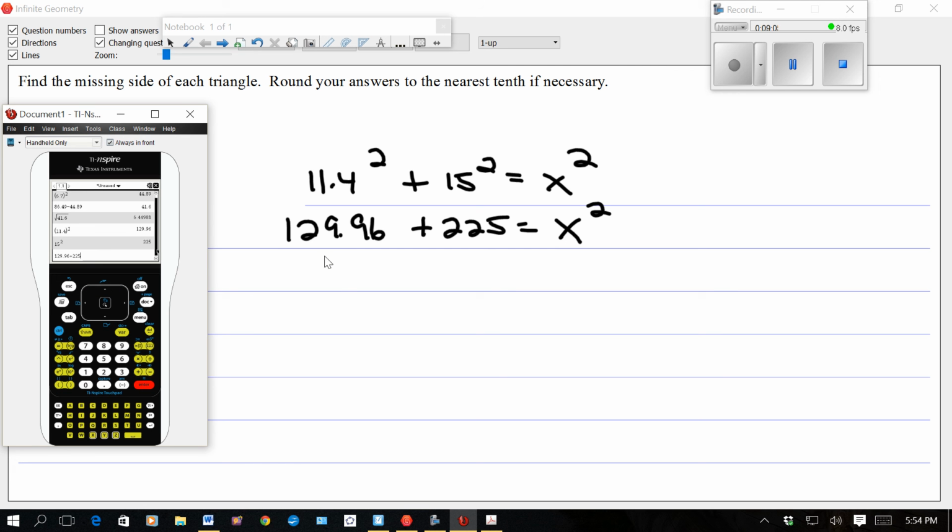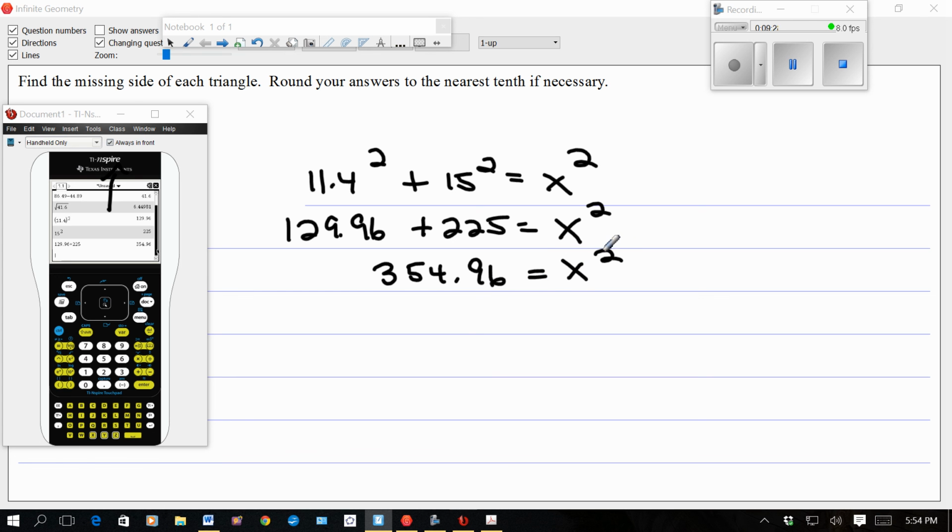I don't have to do a lot of work. Hit enter, and I get 354.96. So I'm going to write that down. These two added together are 354.96 equals x squared.